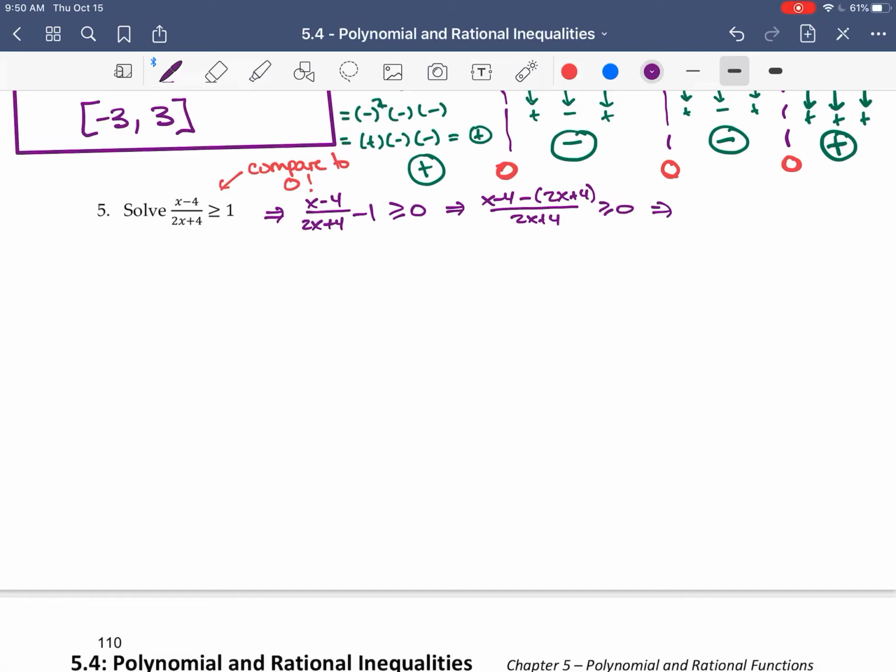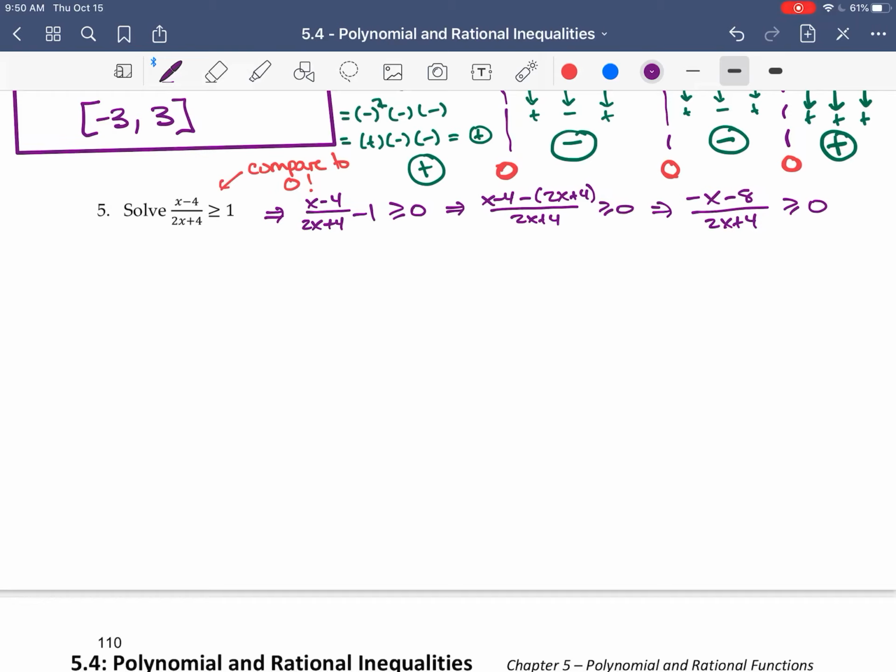If I simplify that, x minus 2x is going to be negative x, and I have minus 4 minus 4, so that's minus 8, over 2x plus 4. And I want to know where that is bigger than or equal to 0.